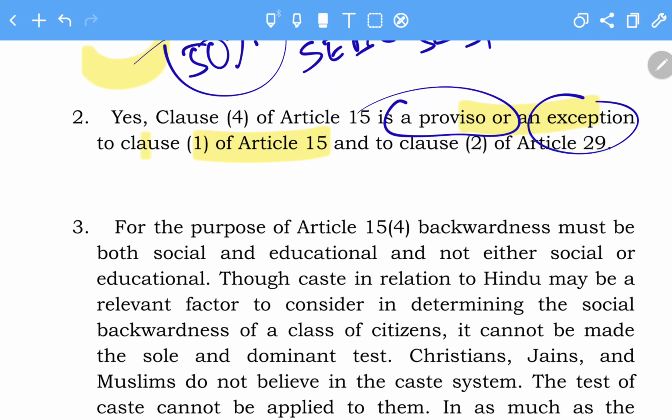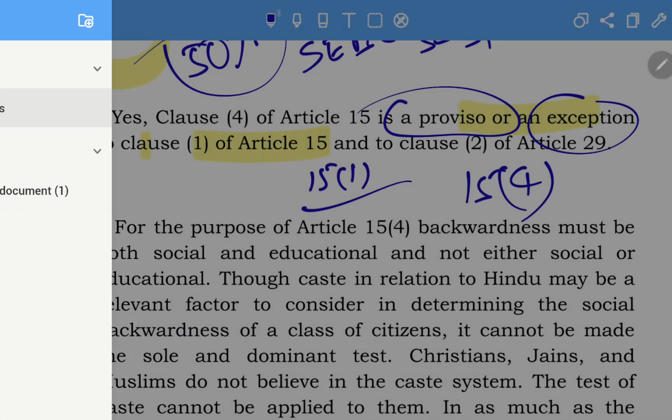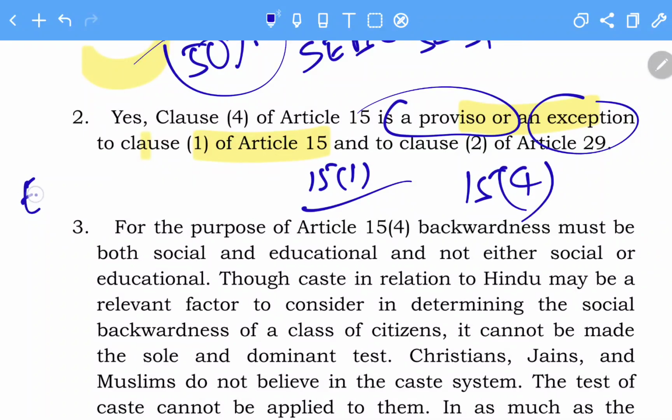So it is like an exception to 15 Clause 1. This is how the Supreme Court interpreted 15 Clause 4. However, later on in the Indra Sawhney and other judgments, the Supreme Court changed its position and said that Article 15 Clause 4 is an enabling provision.